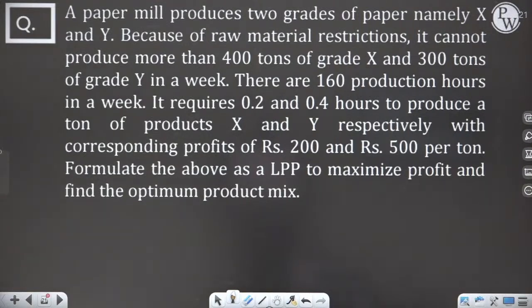Linear programming question. Solve please.